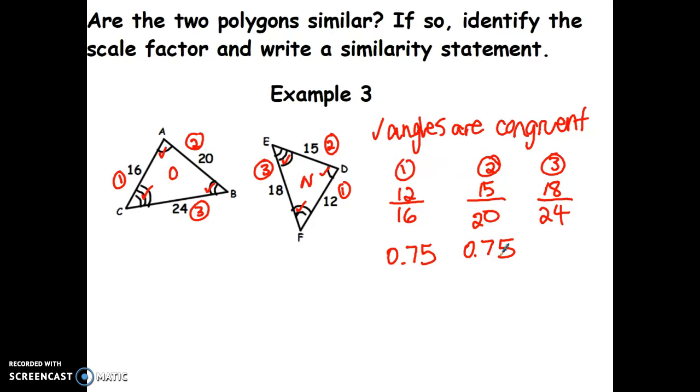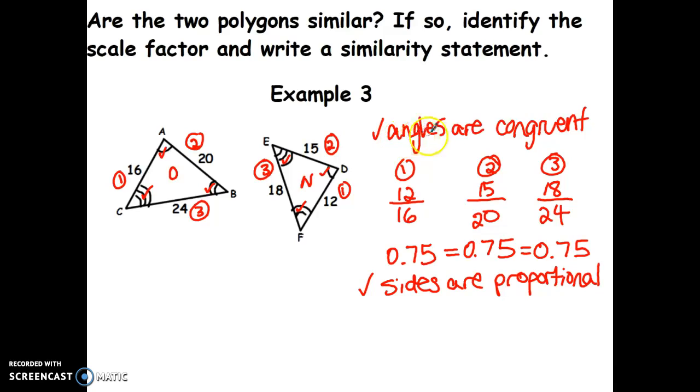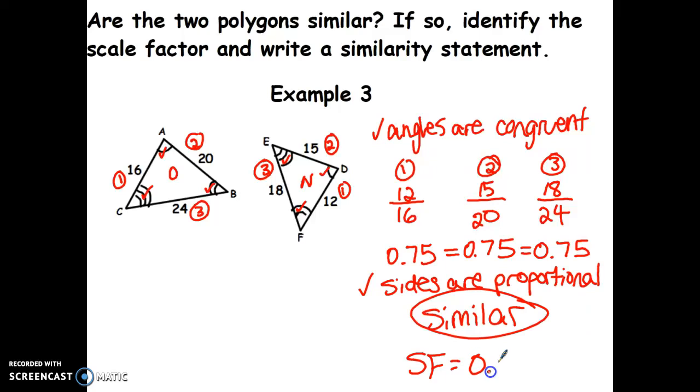And then 18 divided by 24 is 0.75. Each of these numbers equals each other. So yes, the sides are proportional. Because the angles are congruent and the sides are proportional, we would say that the two triangles are similar. Our scale factor would be 0.75.